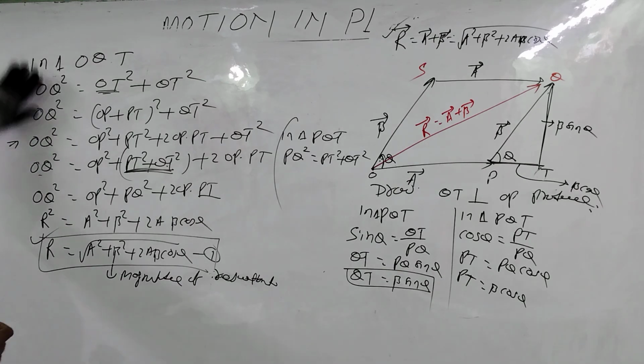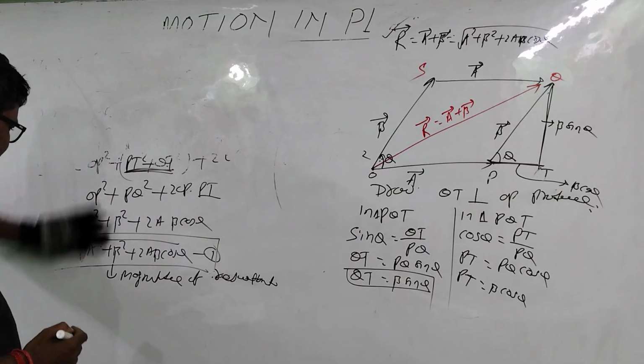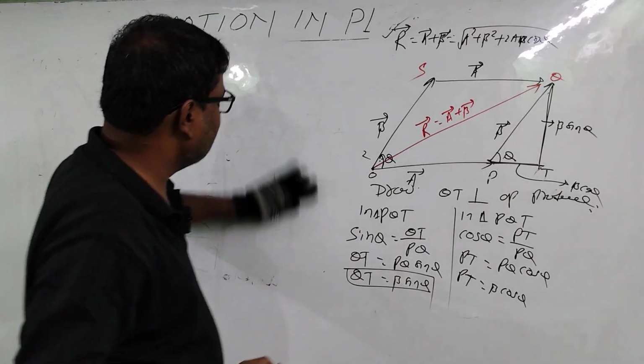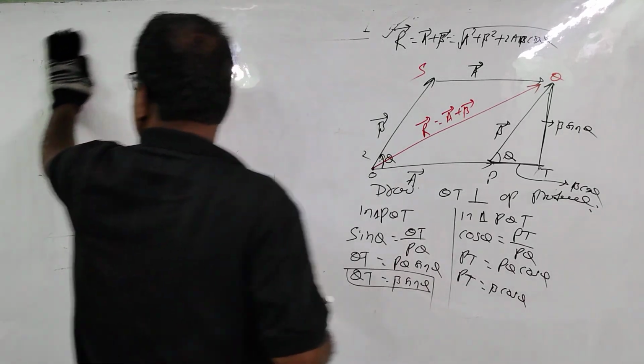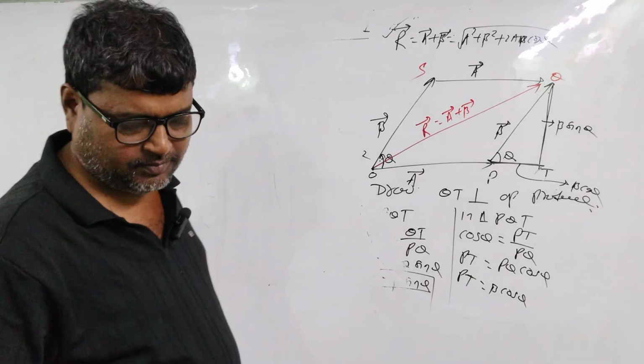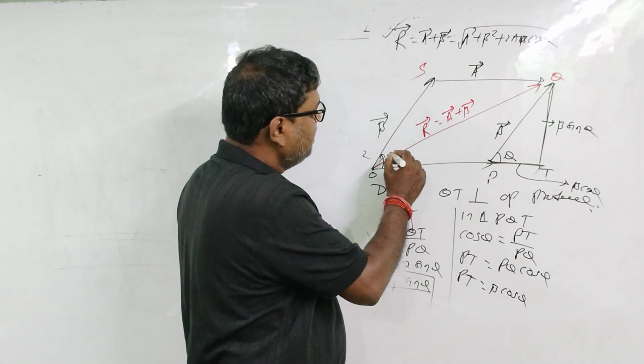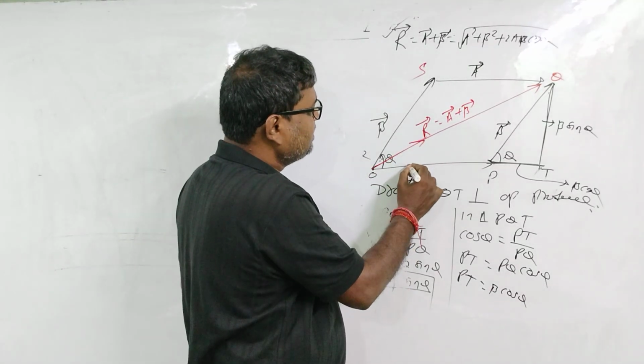Okay. So direction of resultant. What is the direction of resultant? Direction of resultant means this is the direction. Direction of resultant depends on this angle.